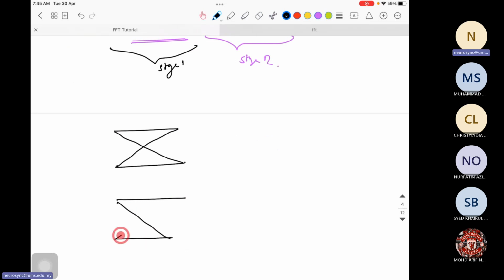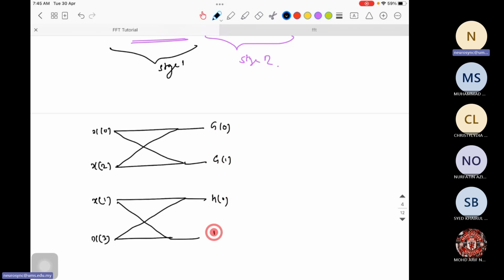The butterfly I need to draw. So I am having the input x of 0 here, x of 2, x of 1, x of 3. What I am getting here is basically G0, G1, H0, H1.